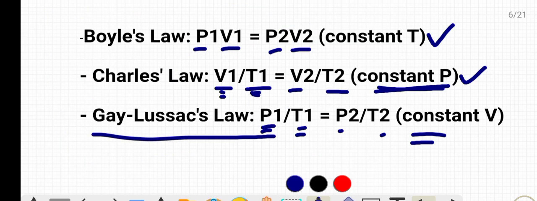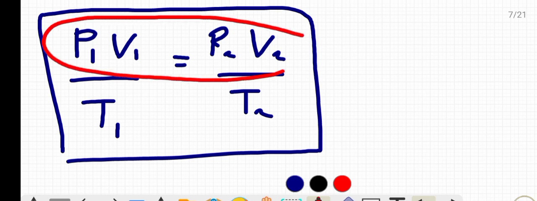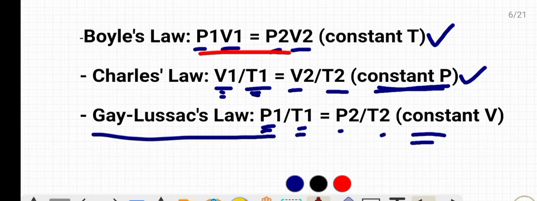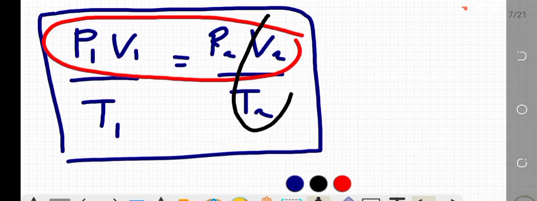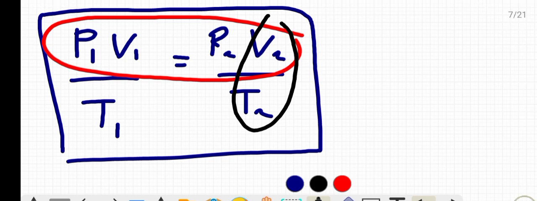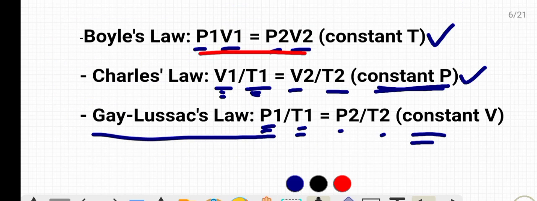We are going to note that if we get the upper part here, what we have is Boyle's law. And if we get this part as well as this part here, what we get is Charles' law.